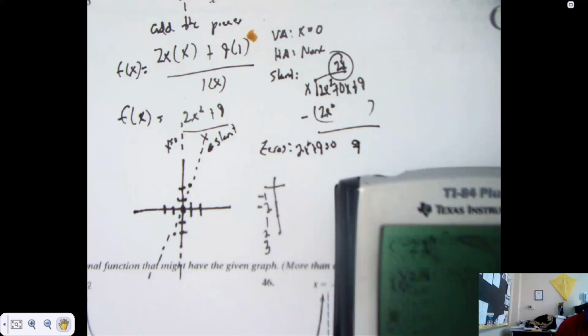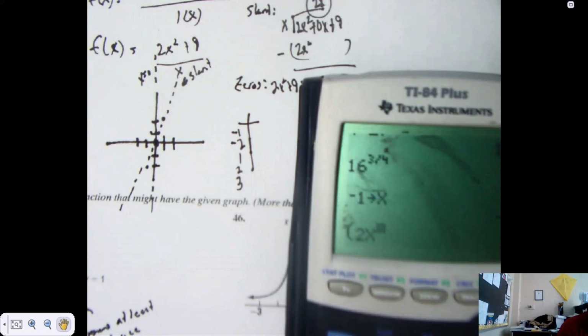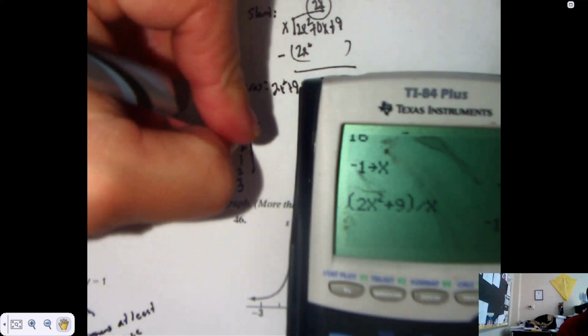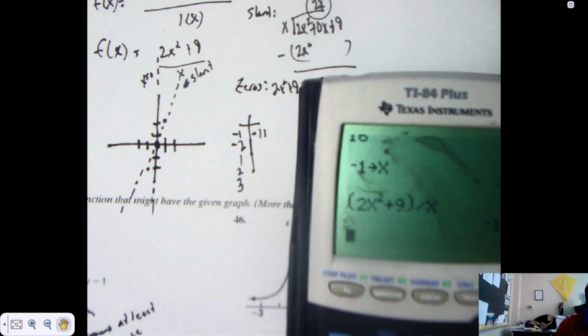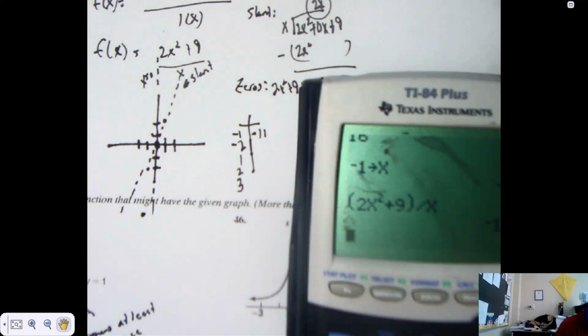Oops, I don't know why I went to y equals. That'd be the easy way, wouldn't it? -1 stored to x. That was a 2x to the second plus a 9 sitting over an x. So -1 is actually -11, which is way down here. Makes me want to do something like -0.5.